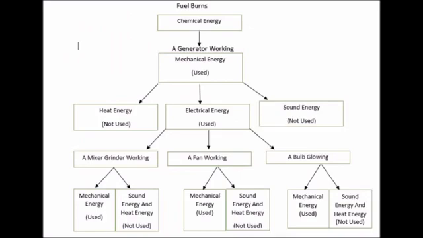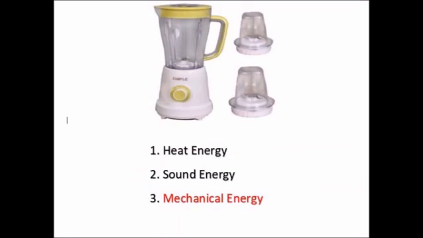Right? Now, again in this flow chart you see, children, when a mixer grinder is working, what are the energies produced? Heat energy is produced, sound energy is produced and mechanical energy. The mixie is moving, so that movement is mechanical energy. But are we using the heat and sound energy produced by the mixer? No. We need only the mixie to move, that is mechanical energy, in order to grind the chutney.